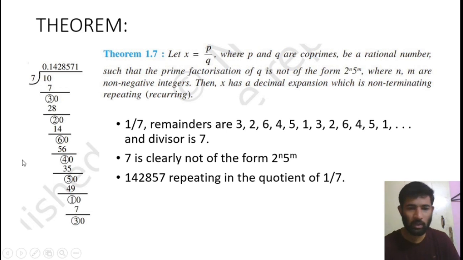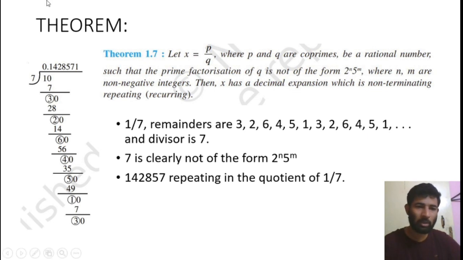Now as you can see, the numbers repeat after some time. Here 3 is there, again 3 is repeating here. On the top, the quotient also repeats itself. Here 1 is there and again 1 is there. It will continue like this. So it is non-terminating and repeating.